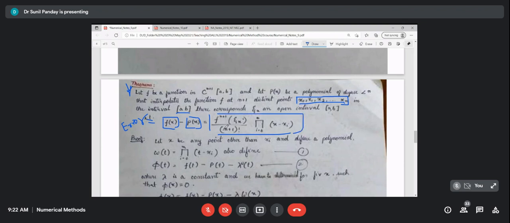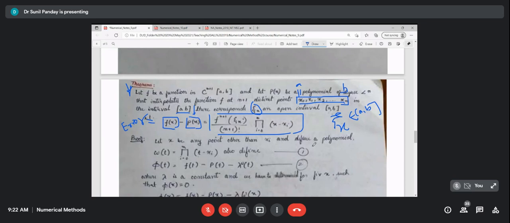So we have to prove that the error in the interpolating polynomial is equal to this, where this xi(x) lies in the interval AB. Here A is your x naught and B is your xn.